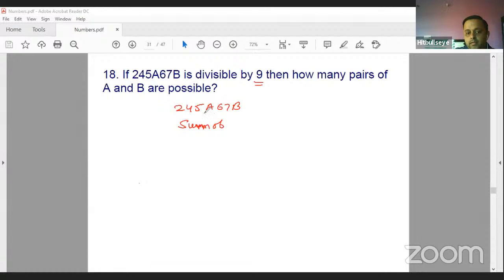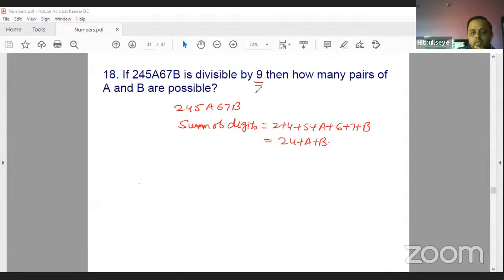Also, A and B are digits. The sum of digits is 2 plus 4 plus 5 plus A plus 6 plus 7 plus B. This adds up to 24 plus A plus B. So this is the sum of digits.